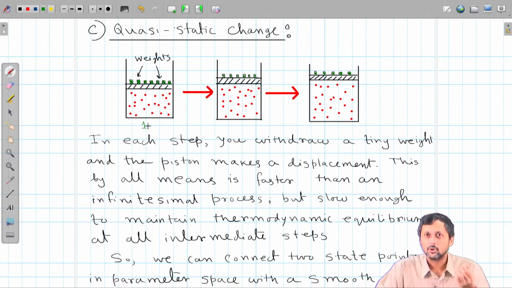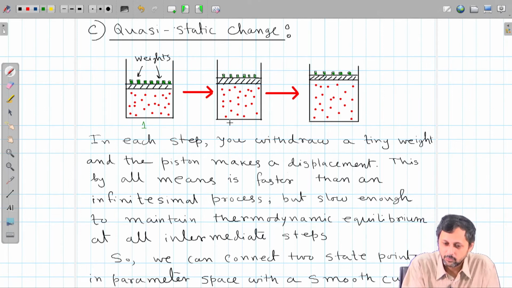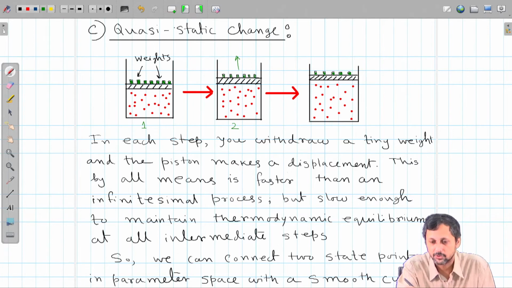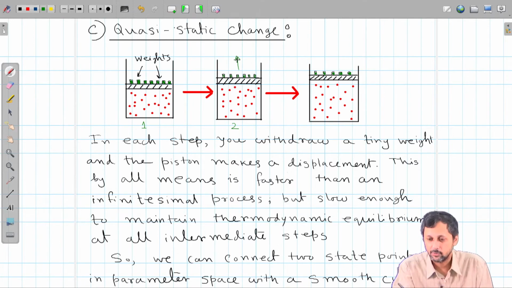Now, what we do? We start reducing these one by one, and we go to position 2. You see, we have reduced some of the weights, and as a result the piston is moving upwards. We reduce some more weight, go to position 3, and the piston is again moving upwards.